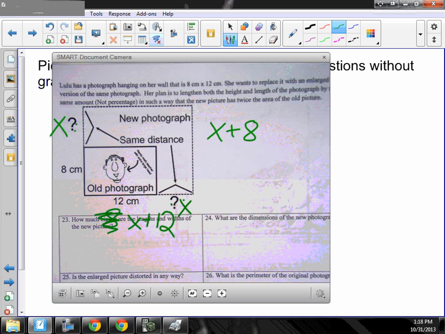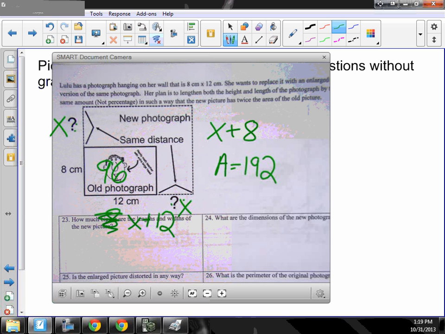What else do I know? What do we know about the areas? It's double. So the area of the old photograph was 96. So the big one must be 192. So the area equals 192.